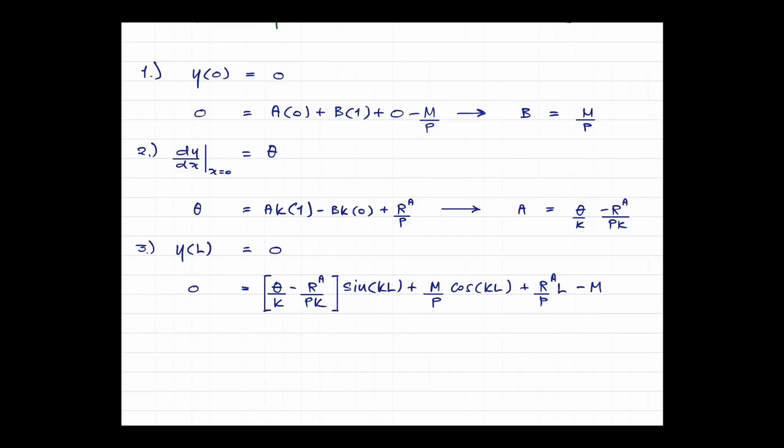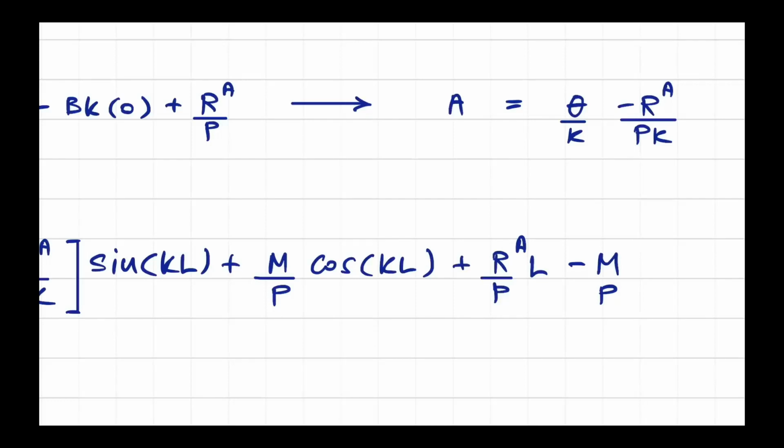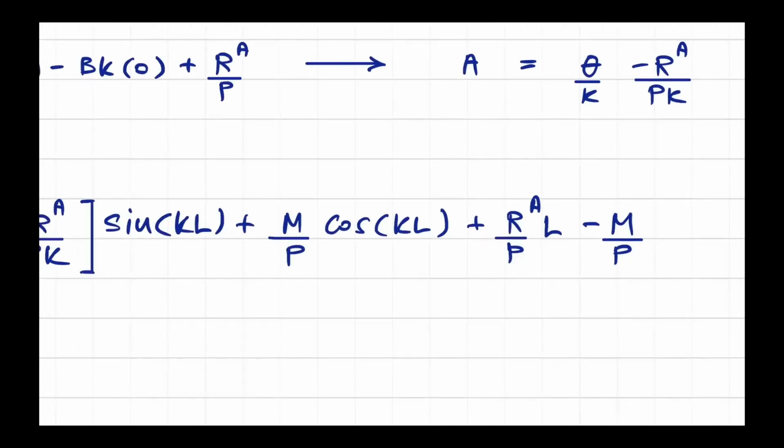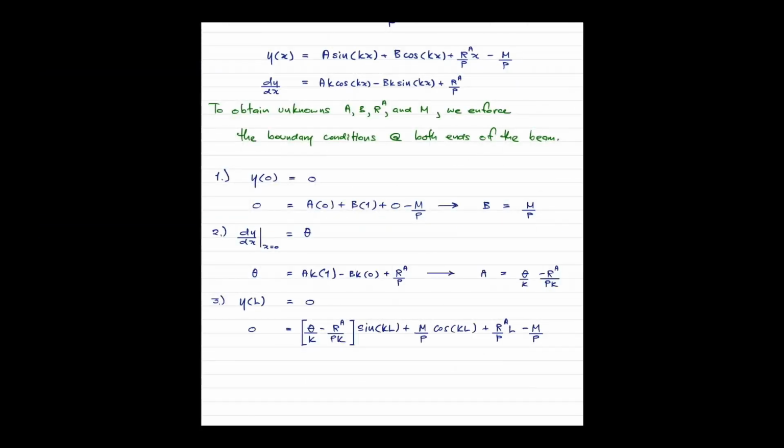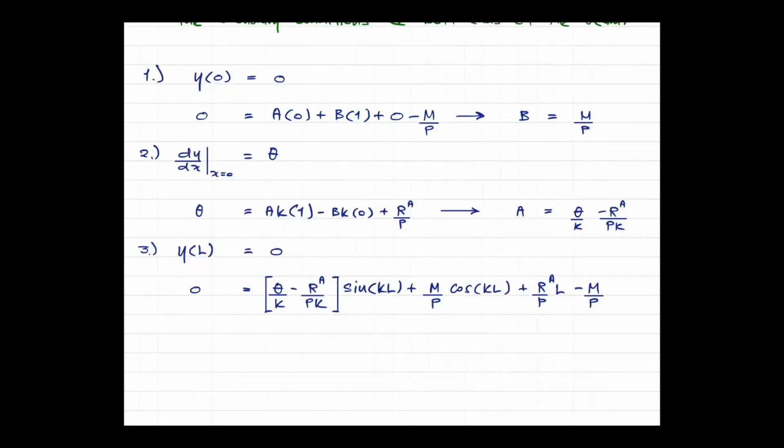Number 3, we end up with this shape. Right. Let's group things up a little bit to make life beautiful. This M over P, right? Okay. So let's start with the easiest thing we have around this neighborhood.